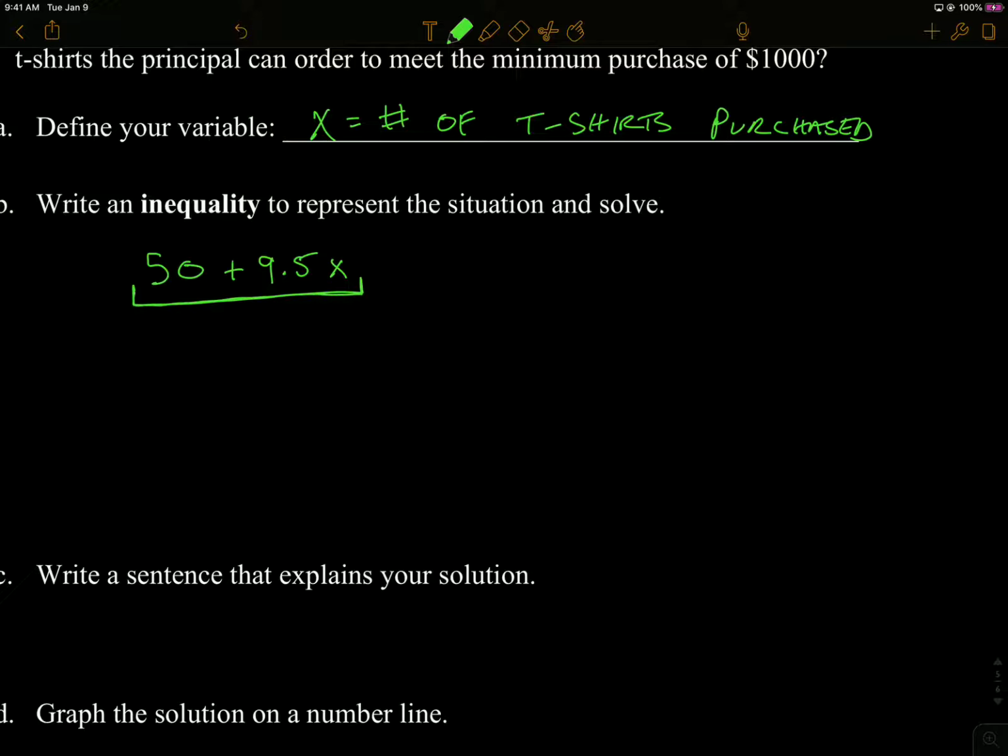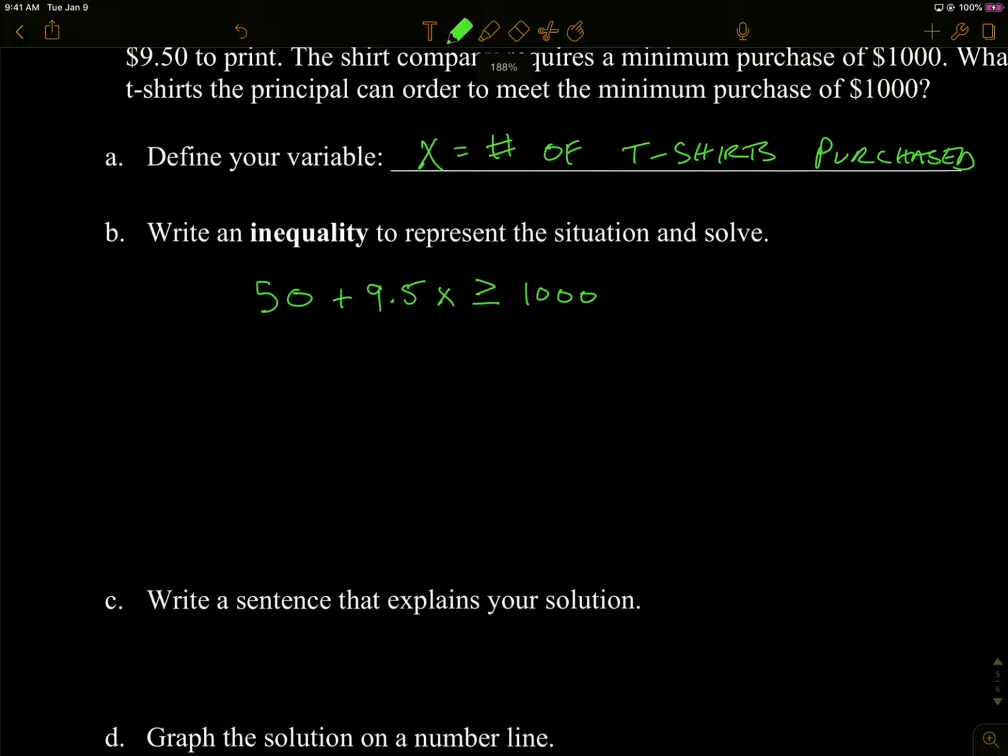Total amount spent on shirts, $50 plus $9.50 times number of shirts. That's how much money he's going to spend. And that amount has to be bigger than or equal to $1,000 because that's the minimum order number. So there's an inequality that represents the situation.